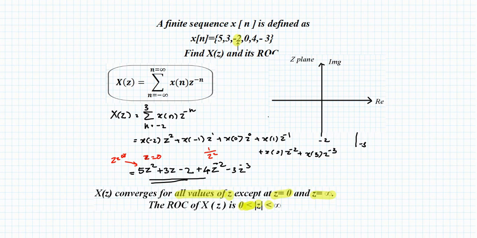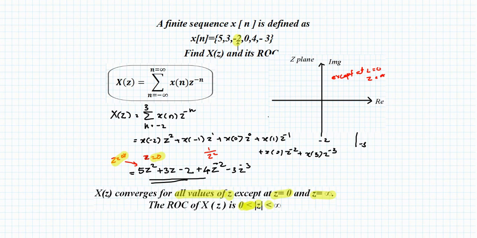If z is 0 or infinity, the result becomes infinity, so for all other values we can calculate this transform. So the Z transform exists in the entire z plane except at z equal to 0 and z equal to infinity. Only in these two cases does the Z transform not exist.